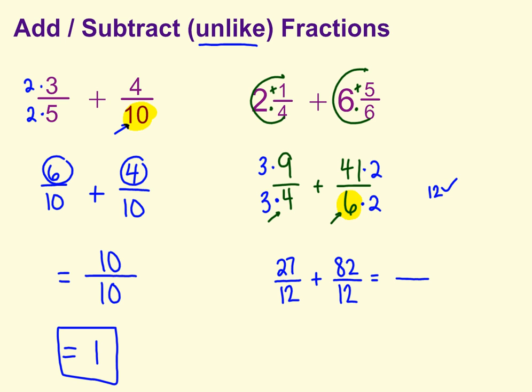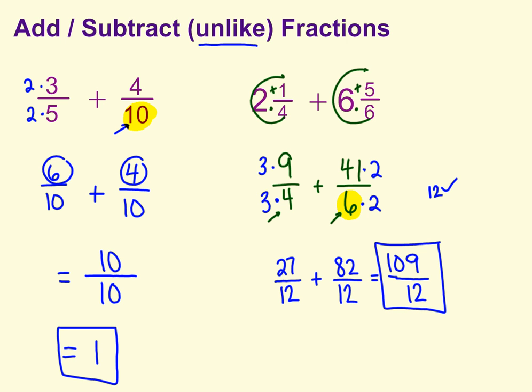Now that we have like fractions, we keep our common denominator, and then we do 27 plus 82, and we get, what is that, 109? And then we say, does 109 over 12 reduce? And because we don't have any common factors, that is our final answer.